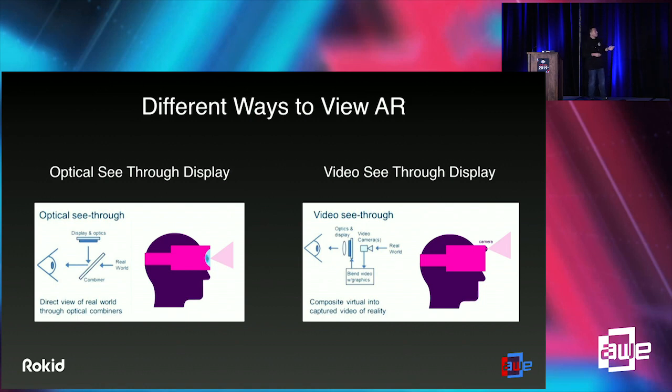For video see-through display, it captures the real world via the video camera or cameras mounted on the AR glasses. Before the final result is presented to the user, the captured video feed will be blended with the rendered VR content by the device. So there's a little difference.